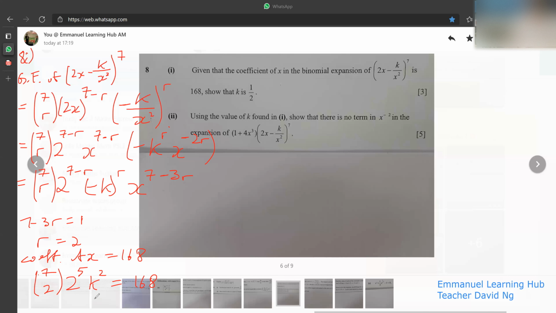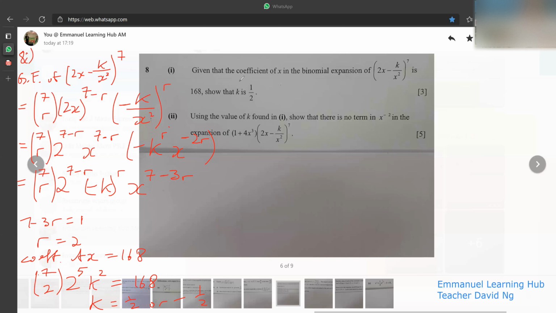Then you solve this equation, k is equal to half or minus half. This part you could do, I won't dwell on it. So I just straight away write k is half. You prove that k is half already.